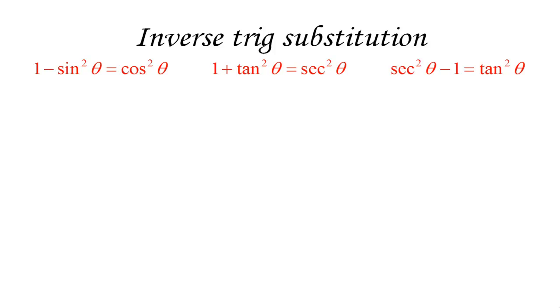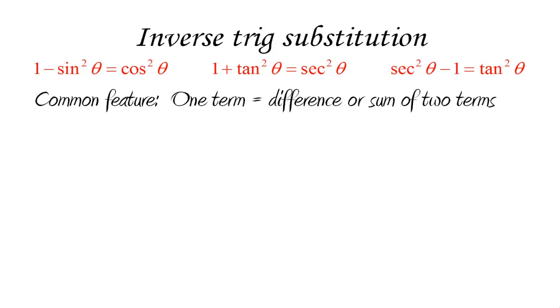Notice all three of them have one thing in common, namely, in each one of these equations, one term is equal to the difference or the sum of two terms. Well, not only that, but of the two terms that are being added or subtracted, one is made up of a trig function, the other one is a constant. In fact, this is number 1.